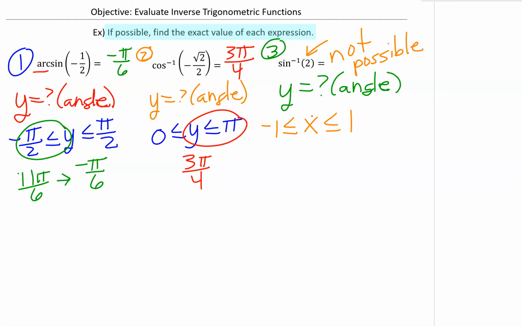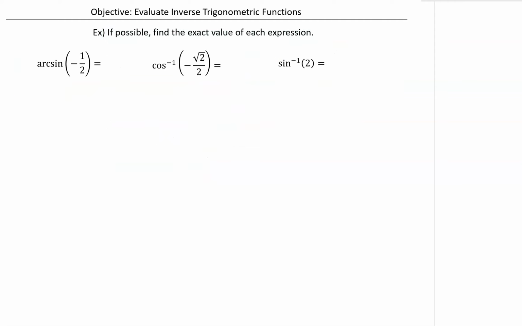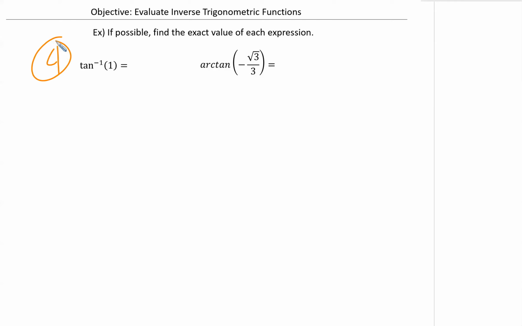All right, moving on. A couple more here. These are both inverse tangent. So this one right here is tangent inverse of 1. Again, we have to realize that we're looking for an angle, and that 1 is our tangent ratio.